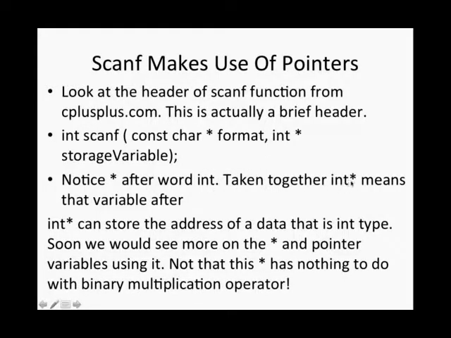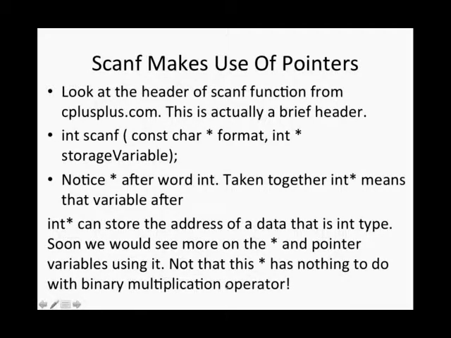Taken together, int asterisk means that the variable after int asterisk, which is this one, can store address of a data that is int type. And soon we'll see more on the asterisk and pointer variables using it. One more time, note that this asterisk has nothing to do with binary multiplication operator.